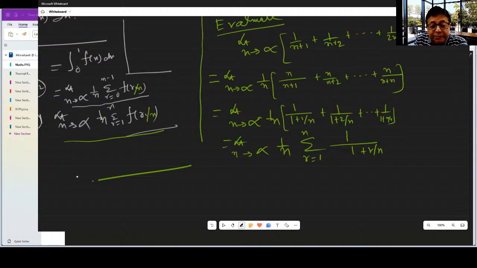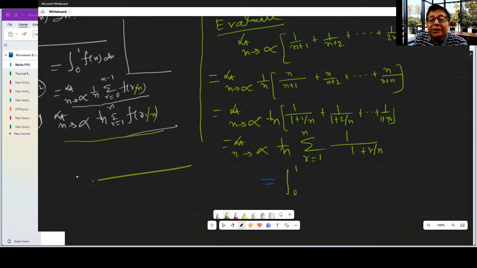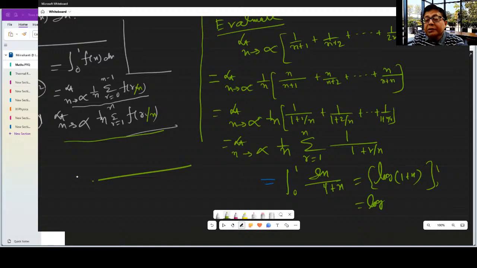So for this problem it is going to be equal to 0 to 1 dx by 1 plus x. Upper limit 1 plus 1 is 2, lower limit log 1, that is 0.